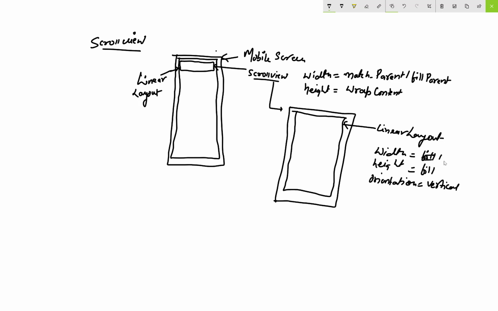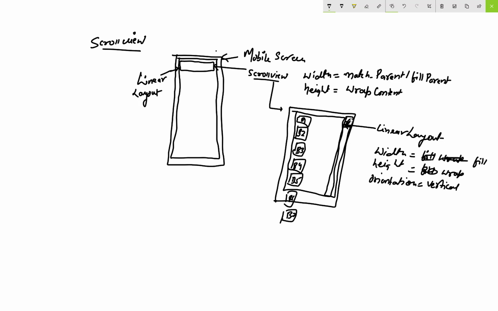So here we have first a linear layout, second the scroll view layout, and the scroll view layout contains the linear layout. The last nested linear layout has width, height and orientation properties, and also contains some controls like button controls. It's very easy to understand the scroll view.